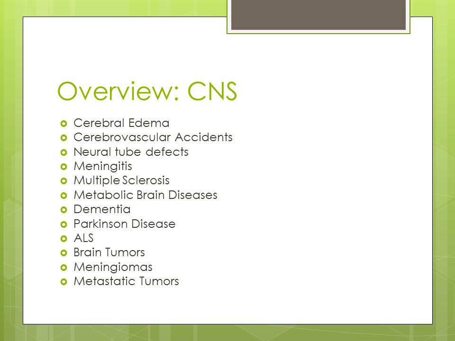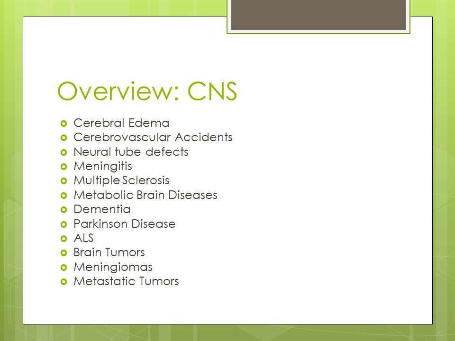Okay, so we're going to move into the central nervous system, and I've got a number of conditions to go over. I'm just going to talk a little bit about increased intracranial pressure and the signs and symptoms that you'll want to look for with that, because increased intracranial pressure can present with many of the neurological conditions that we're going to talk about.